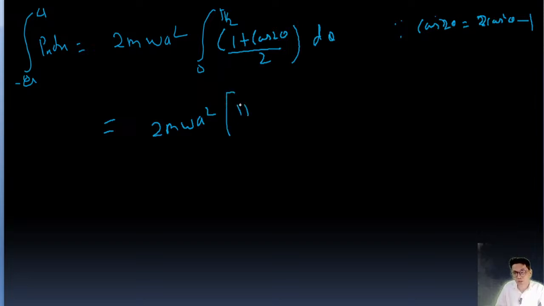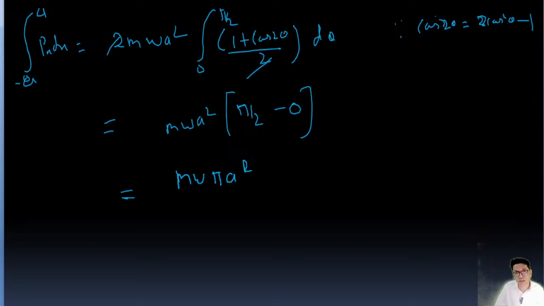So this is going to be pi by 2, the 2 will get cancelled, pi by 2 minus sine 2 theta, which means sine pi, and sine pi is 0. So the 2 got cancelled, and this is m omega pi a square by 2.